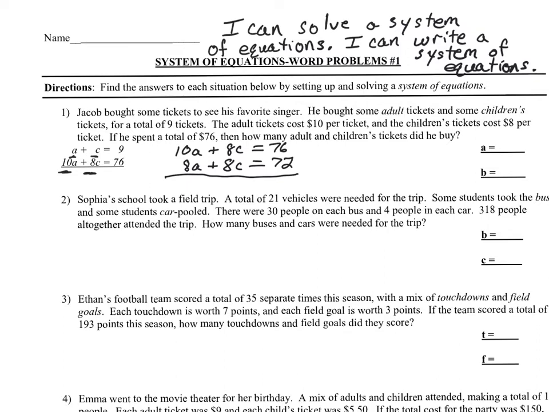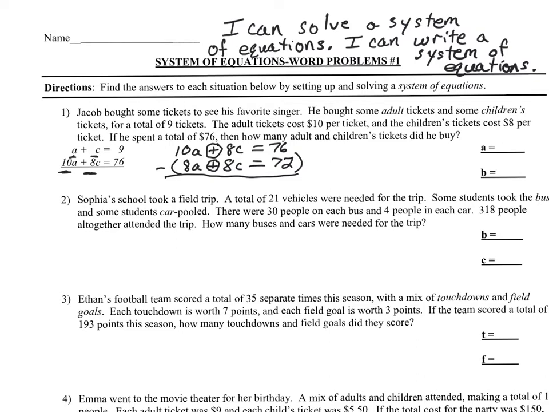So we have a positive 8C and a positive 8C for both of them. So the only way we can get rid of them is to subtract. So I put parentheses around the entire second equation, and that means that each term in the first equation is going to subtract the like term in the second equation.